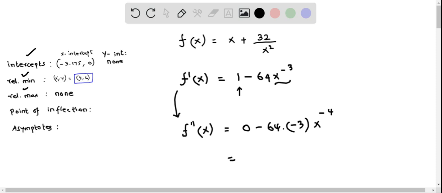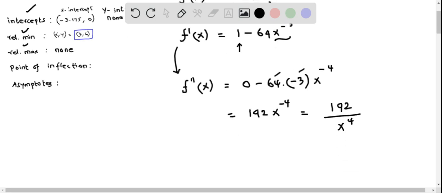So basically this gives, we will multiply these two, that is negative 64 times negative 3, and this equals a positive 192 multiplied by x power minus 4, or otherwise we can write this as 192 over x power 4. Now we need to set this equal to 0 and solve for x.